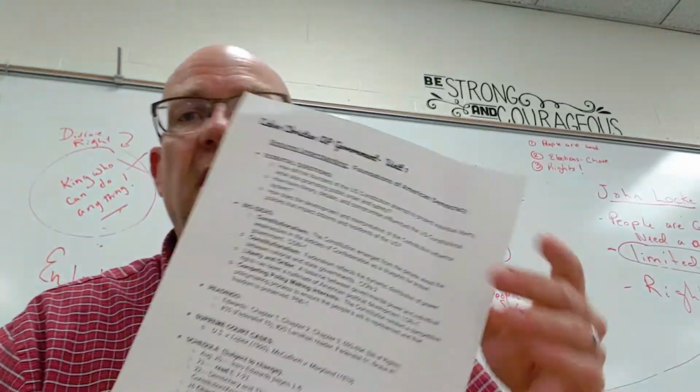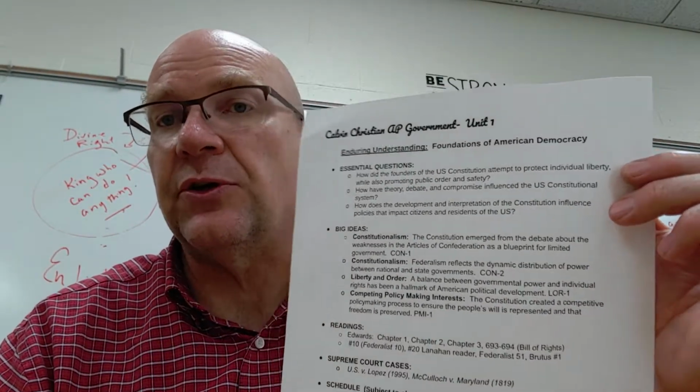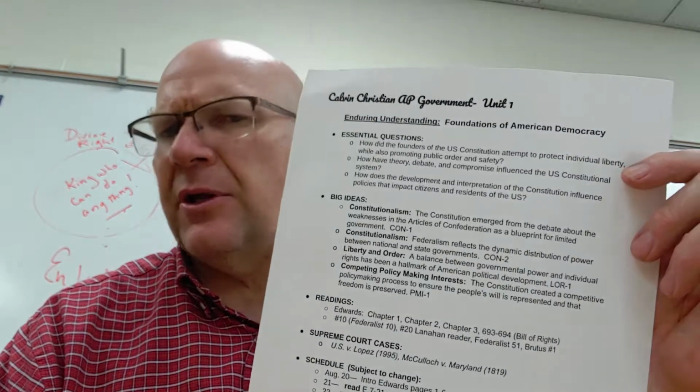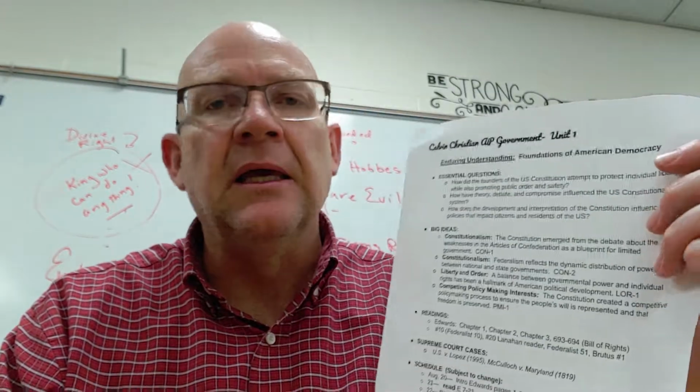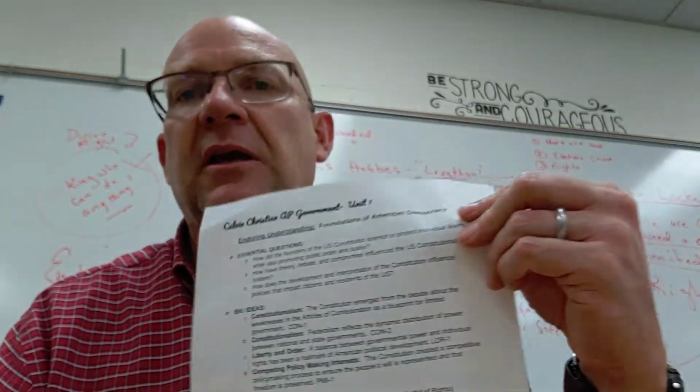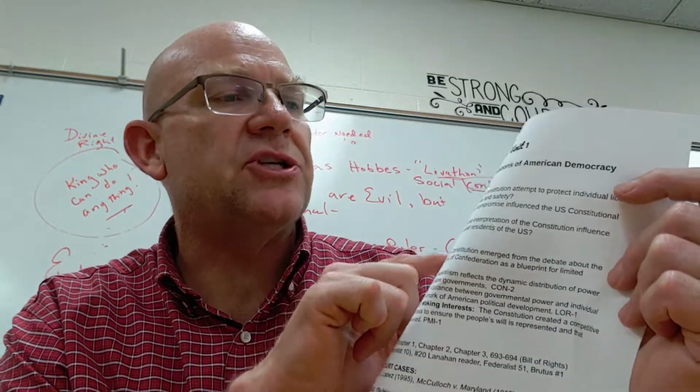Today, I'd like to talk about your tentative schedule for Unit 1, and what you see here and how you can make sense of this as you start to read. Every unit, I'm going to give you a tentative schedule, and it is going to give you your essential questions.